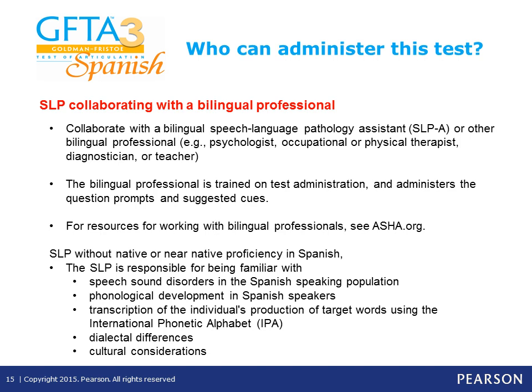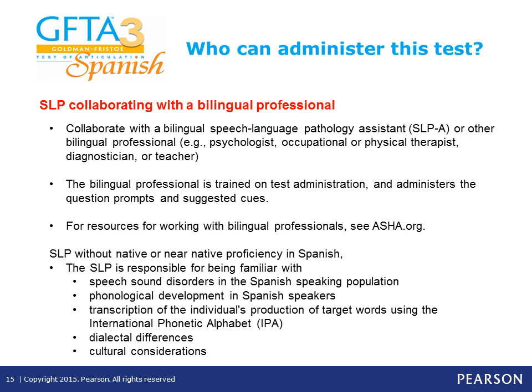Before testing, meet with the bilingual professional to plan the content and format of the assessment session. During testing, the bilingual professional can deliver test stimuli and engage with the individual, while the SLP transcribes the individual's production of target words. The SLP should be present during testing to transcribe the responses, answer the bilingual professional's questions, observe the individual's behavior, and intervene when necessary.